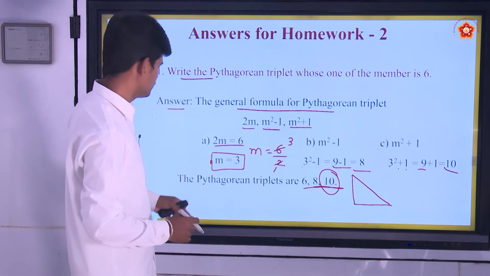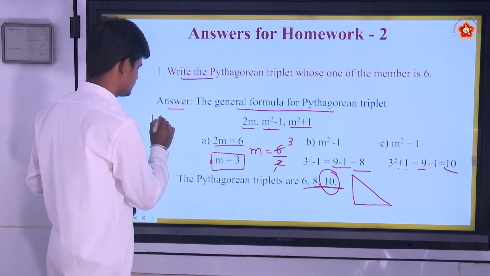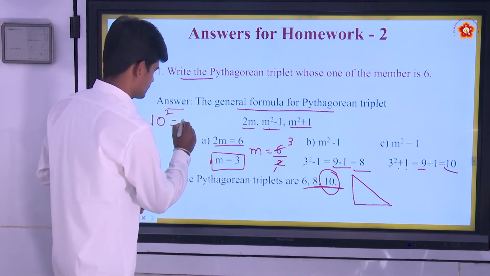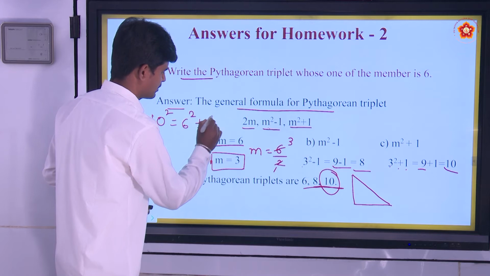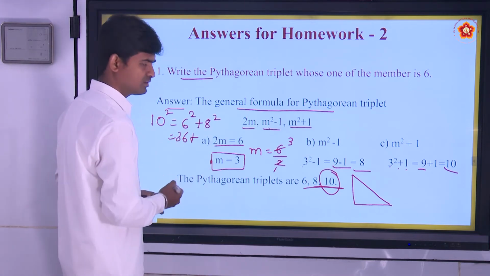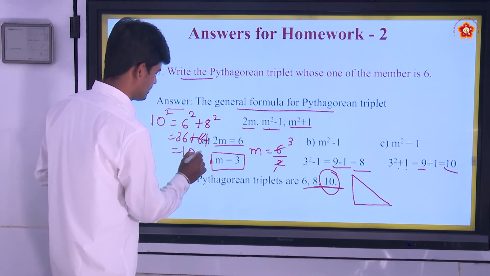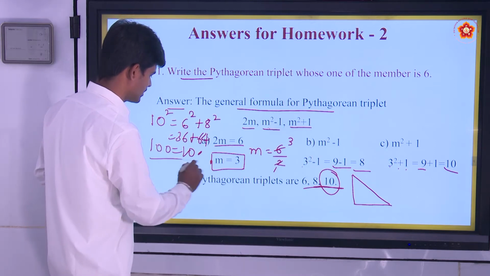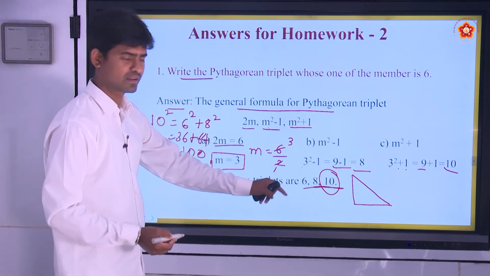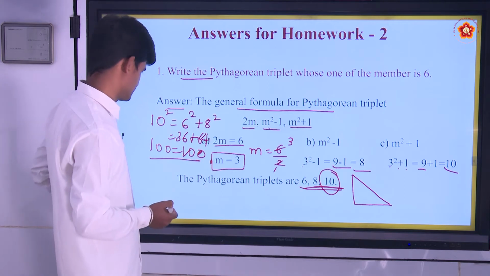We take the largest number as the hypotenuse, that is 10 square, and the other two numbers, 6 square plus 8 square. 6 square is 36, 8 square is 64. So 64 plus 36 is equal to 100, which is equal to 10 square, 100. So the Pythagorean triplet 6, 8 and 10 is the correct answer.